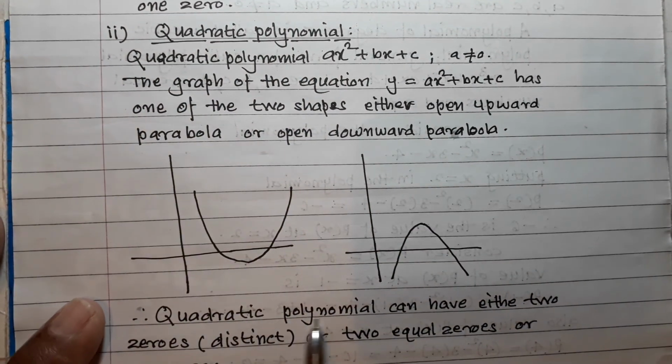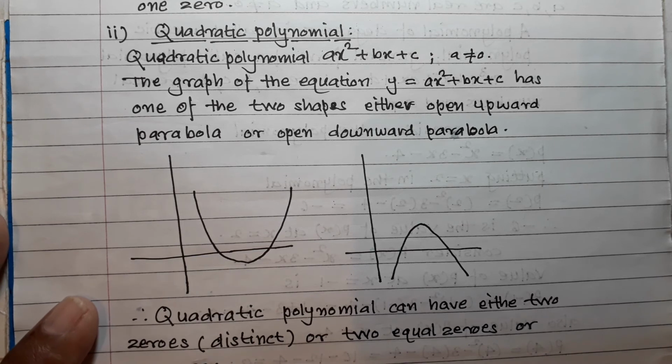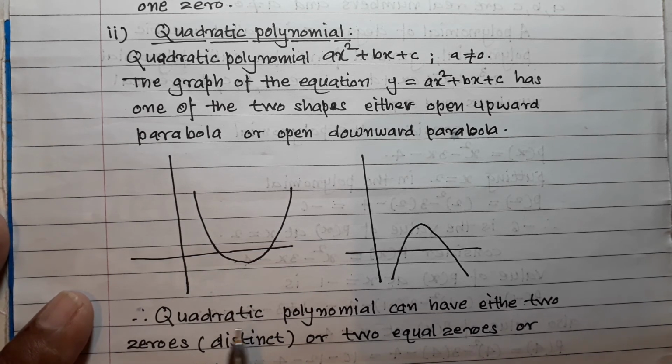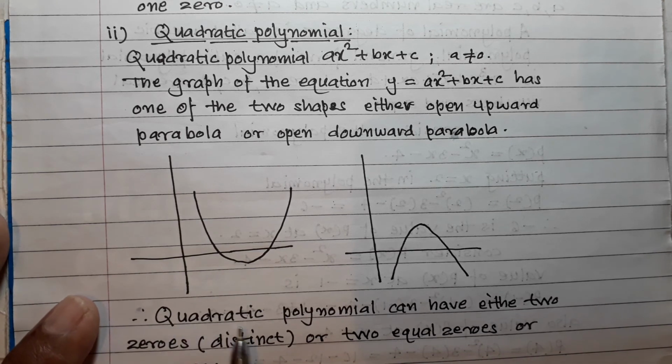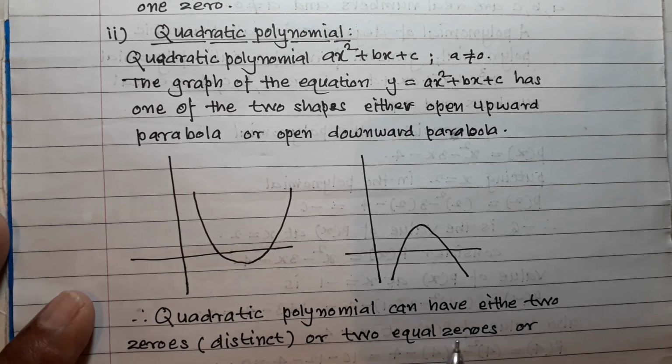Therefore a quadratic polynomial can have either two distinct zeros, or two equal zeros, or no zeros.